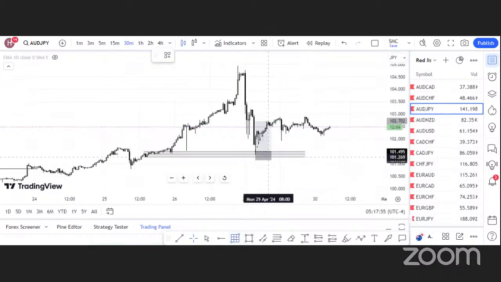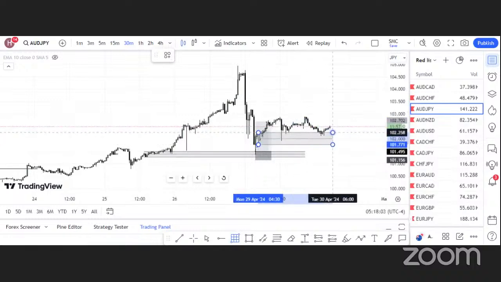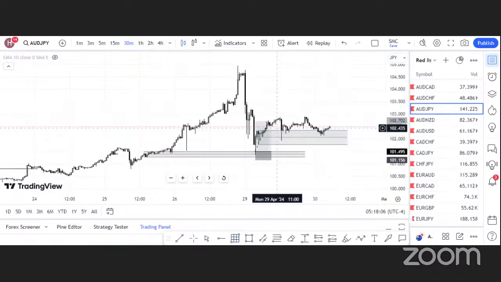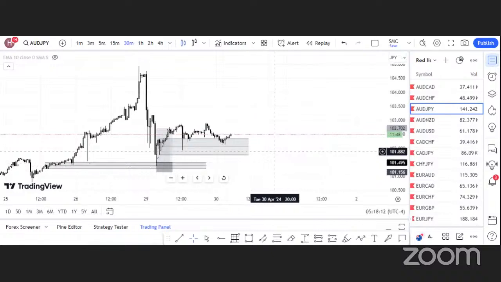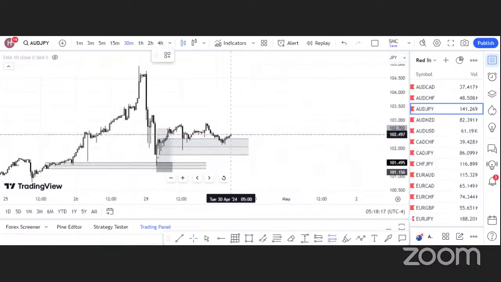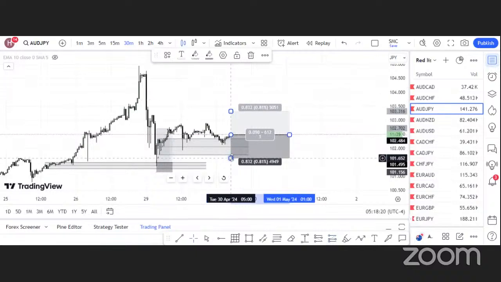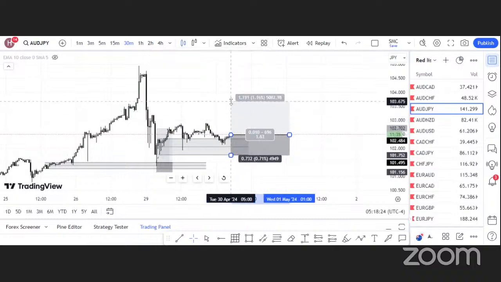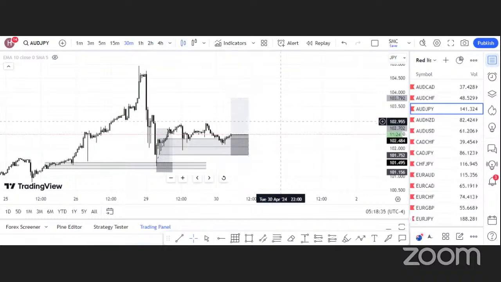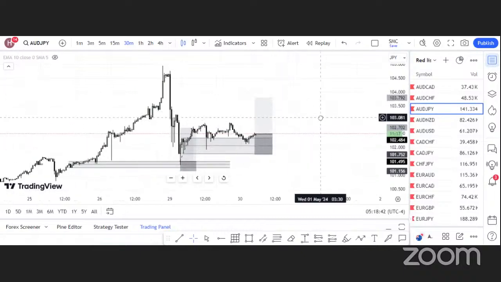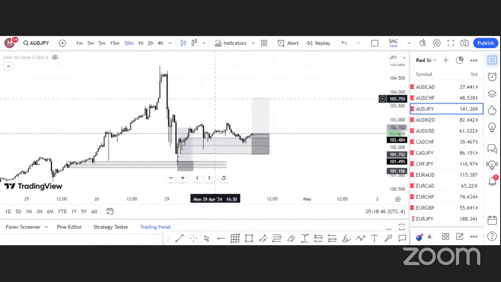Okay. So on AUDJPY, this is the opportunity we have.